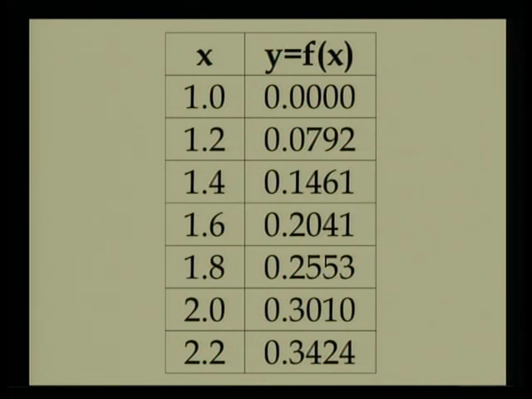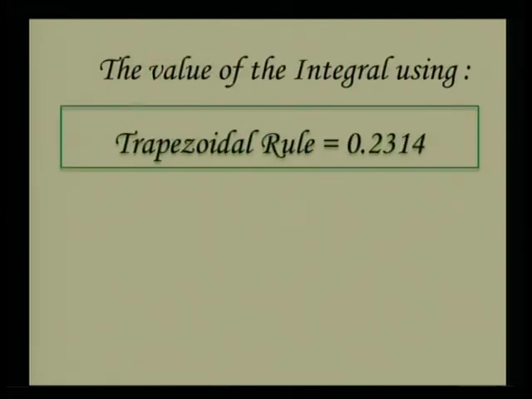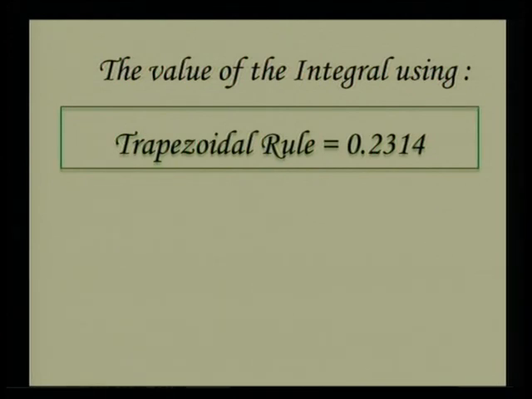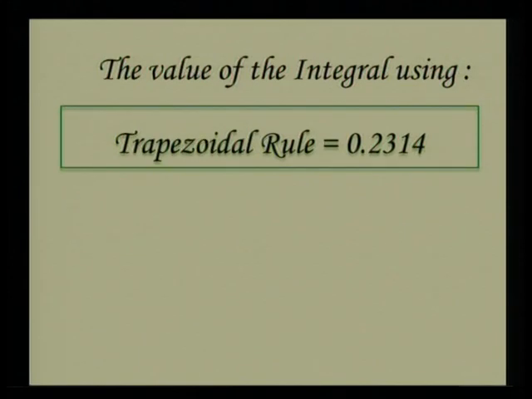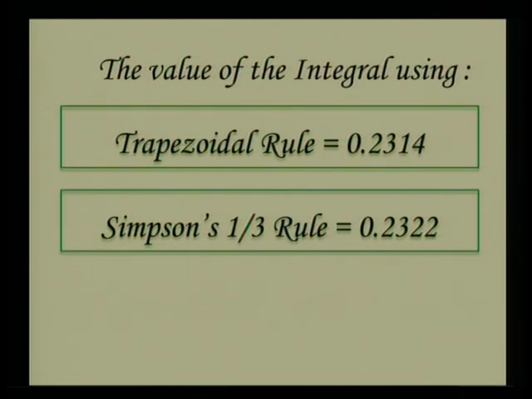Now, if I use the trapezoidal rule to find the value of this integral, substituting all these values in the formula of the trapezoidal rule, I will be getting the answer 0.2314. If I put all these values in the formula of Simpson's 1 by 3 rule, I will be getting the answer 0.2322.